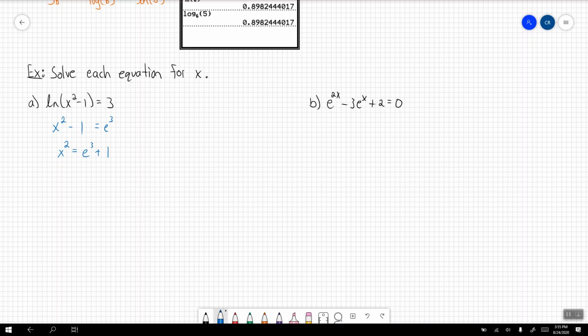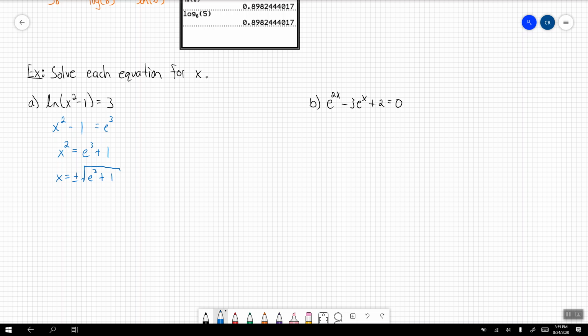And then finally, we're going to get a result that says x is going to be equal to the square root. However, when you take a square root, it's always positive or negative. So positive or negative square root of e cubed plus 1.